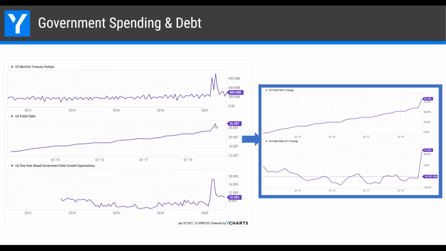Looking in the chart on the right, where the blue outline is shown, the US public debt year over year percent change, we see how much this latest spurt of spending is: a 72.5% increase year over year. And this is definitely something to watch with a new administration and a new makeup of all of our representatives in Washington.